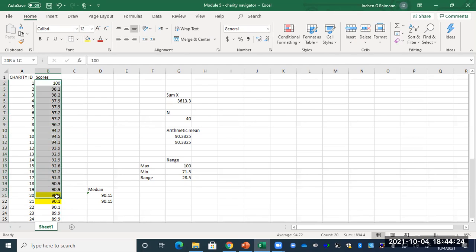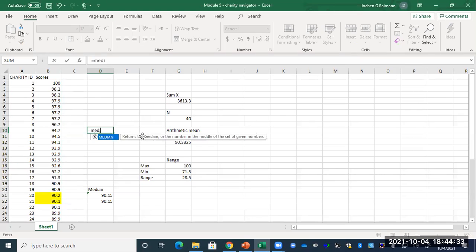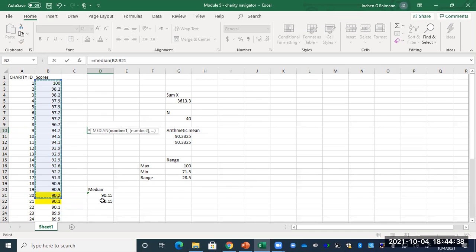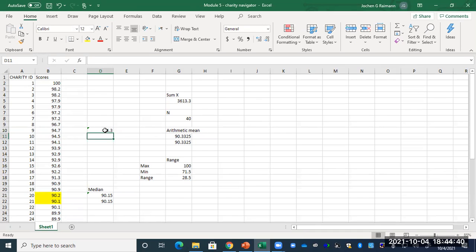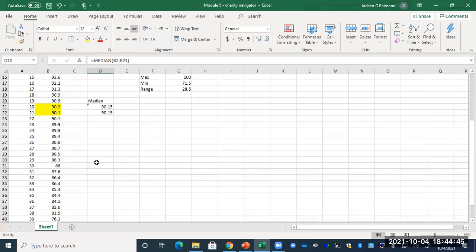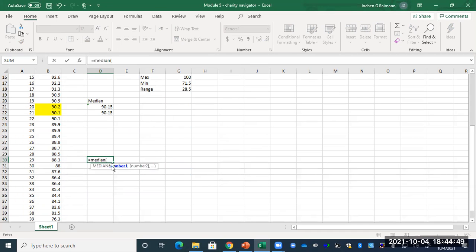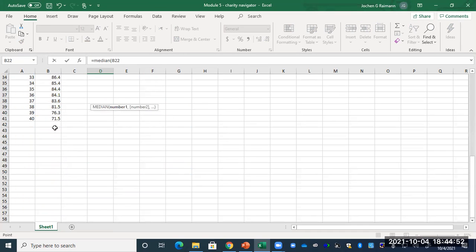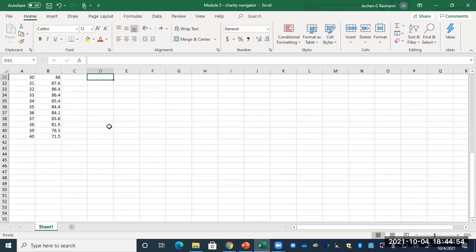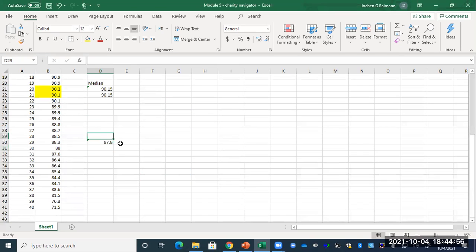So we have now 20 and 21, that was our median, right? So now we want to do this as a median. We're doing now median of these 20. So that's 95.3, that's our Q1. And now we do a median of these, that's 21 to 40, which is 87.8.